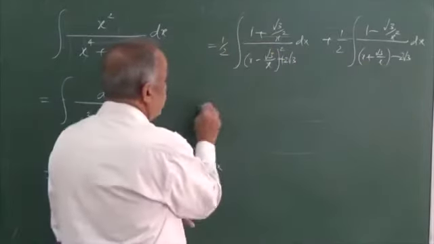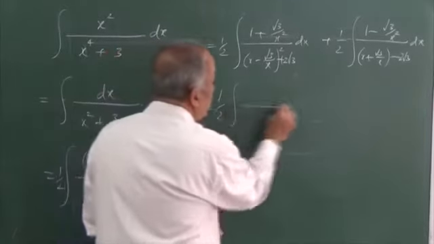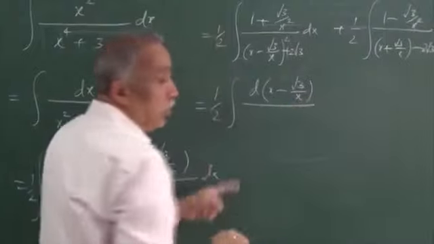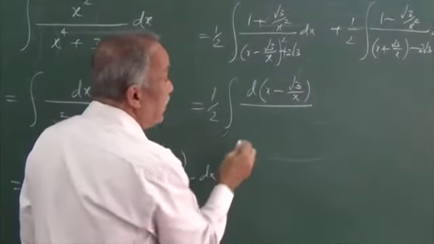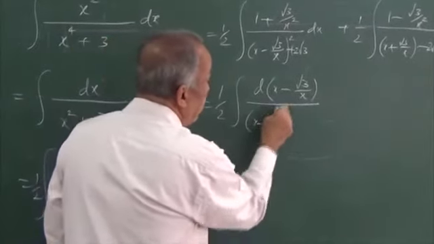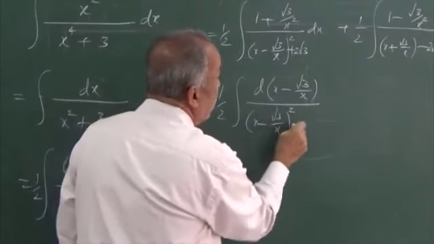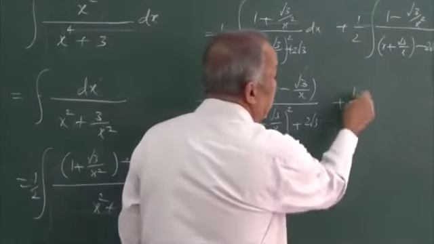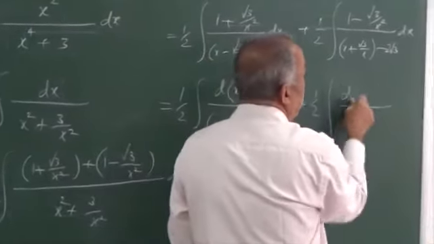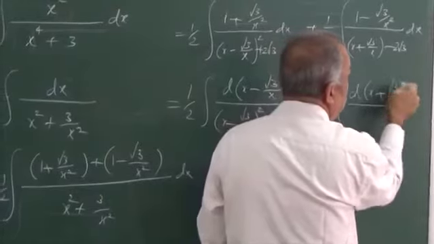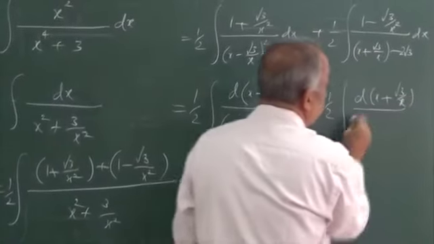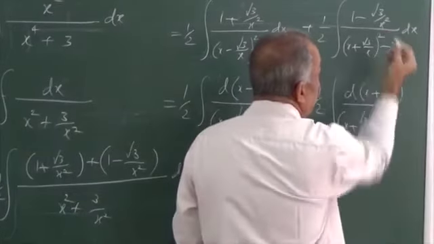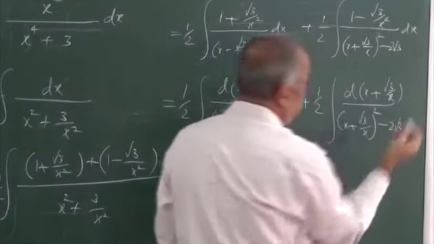Let me record what I have already told. Numerator is the derivative of x minus root 3 by x. Denominator is x minus root 3 by x whole square plus 2 root 3. In the second case, numerator is the derivative of x plus root 3 by x and denominator is x plus root 3 by x whole square minus a square, here a square is 2 root 3.